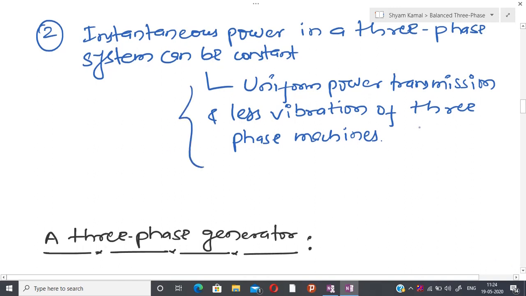Due to that reason, this second point is very important.